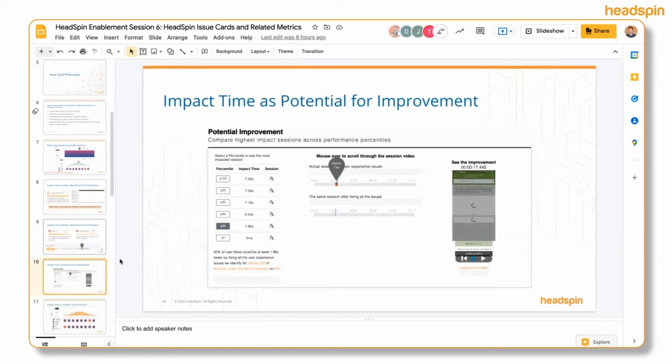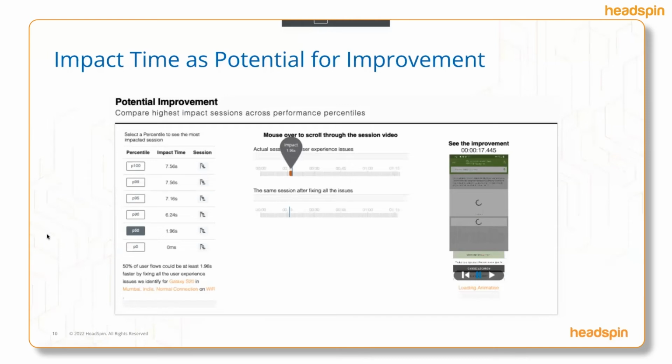So one way to think about impact time is as the potential for improvement. Just jump back into the slides here. This is actually a screenshot from an older feature within the product that's been discontinued, but I think the idea here is pretty compelling and is a good way to think about impact time.